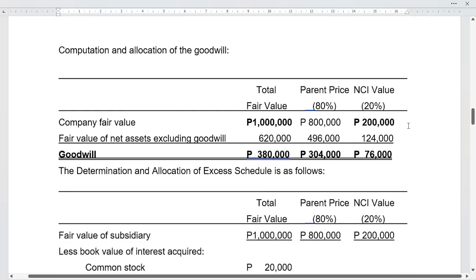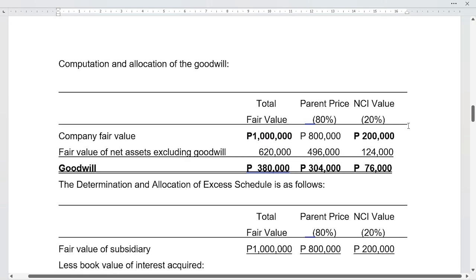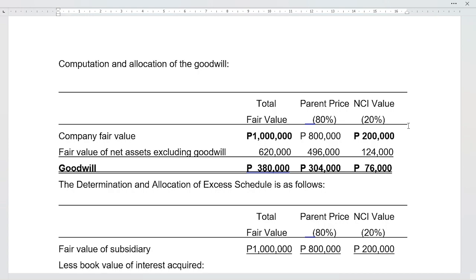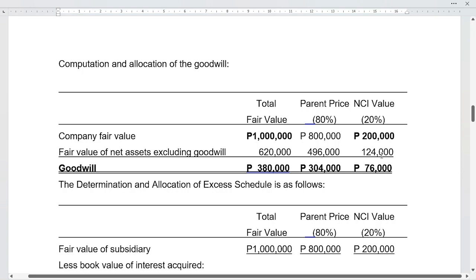For the computation and allocation of the goodwill, the company fair value has a total fair value of 1 million, a parent price of 800,000, and an NCI value of 200,000 pesos. While the fair value of net assets excluding goodwill has a total fair value of 620,000, a parent price of 496,000, and an NCI value of 124,000.